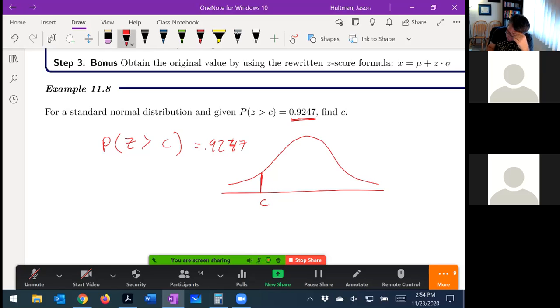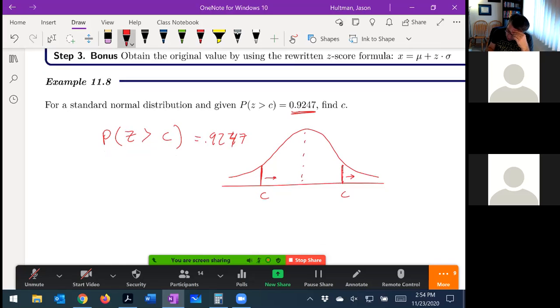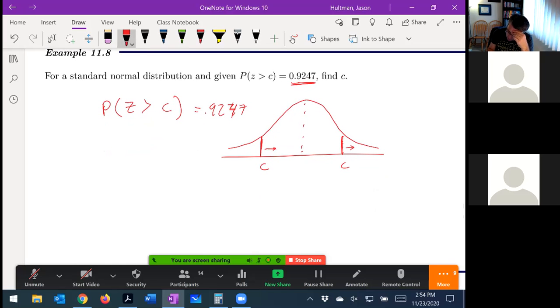Well, it's got to be bigger than c. So where am I going to put c? Is c going to be above the mean, or is it going to be below?